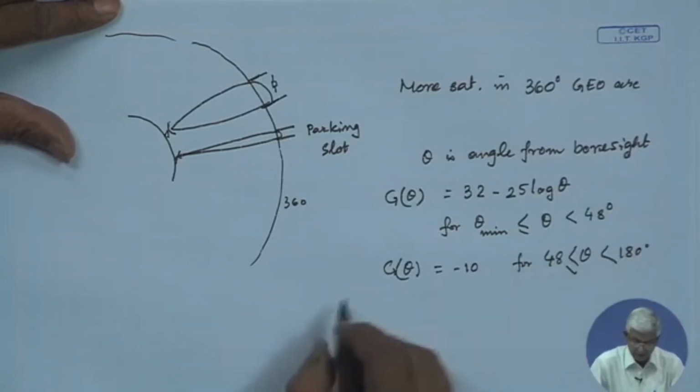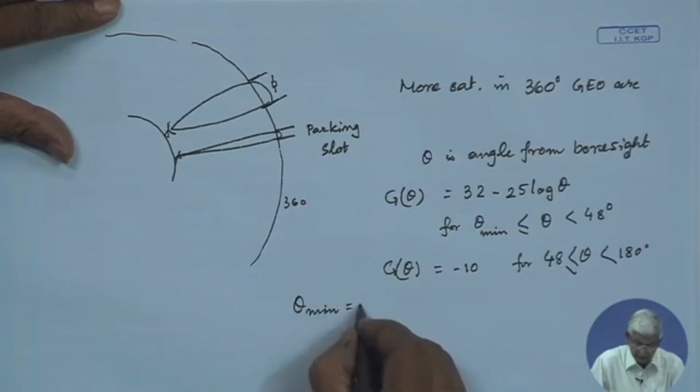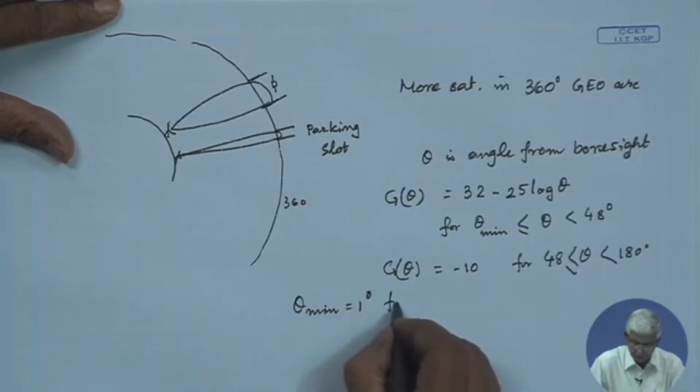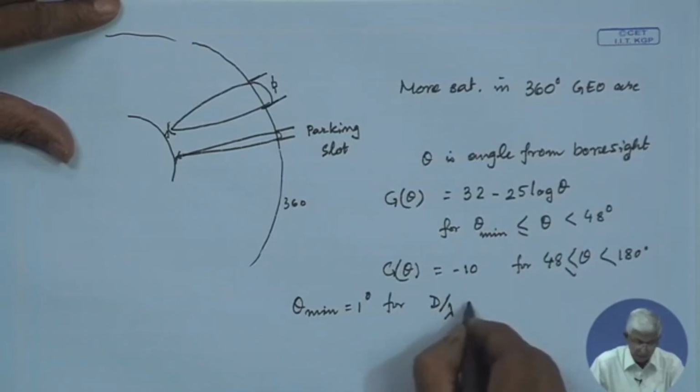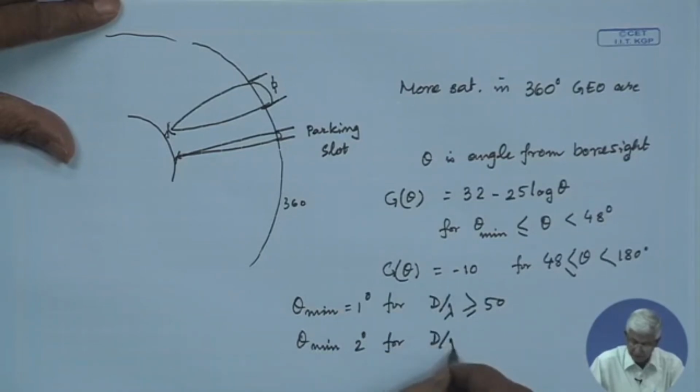Now, theta minimum could be 1 degree for D by lambda greater than 50, and theta minimum is 2 degrees for D by lambda less than 50.